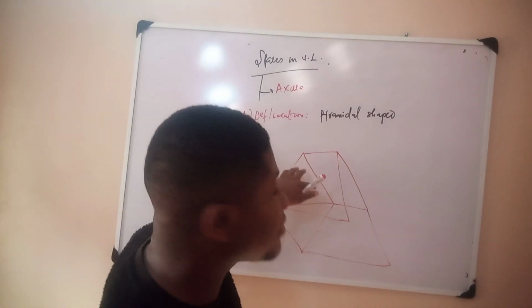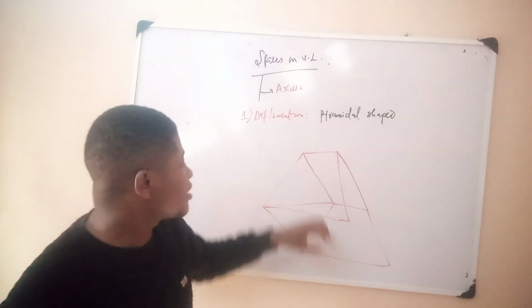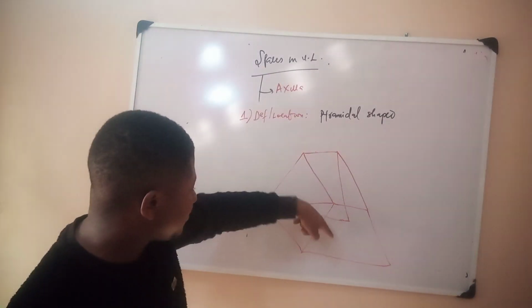Actually, you can see that this thing has six sides. This is the roof, this is the floor.